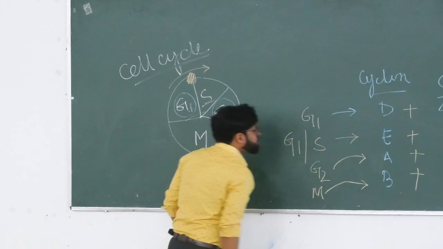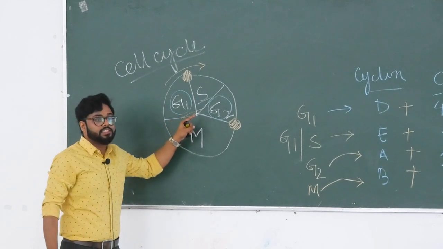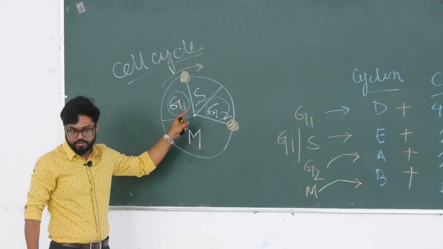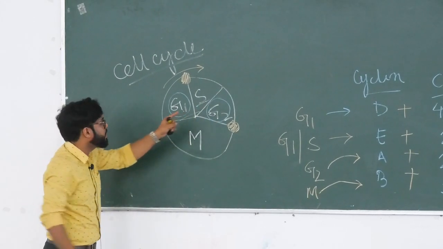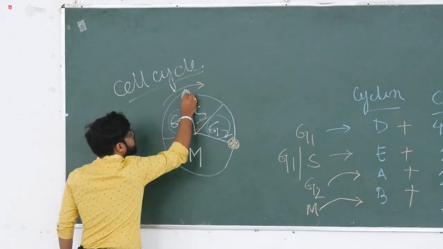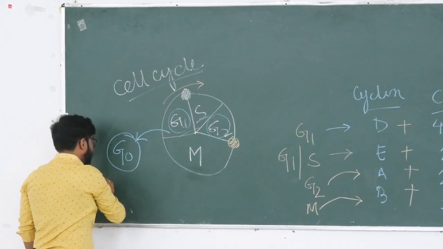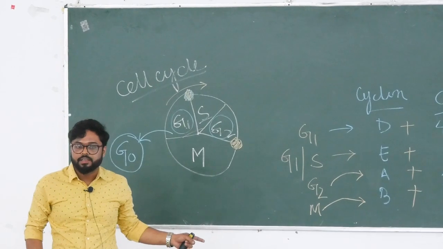If the cell senses that it should not go to the synthesis phase from G1 to S phase, the cell is arrested in a non-dividing state.